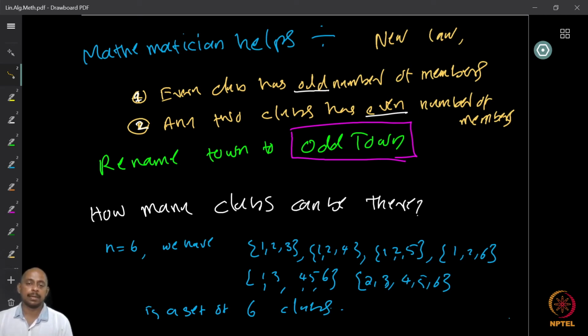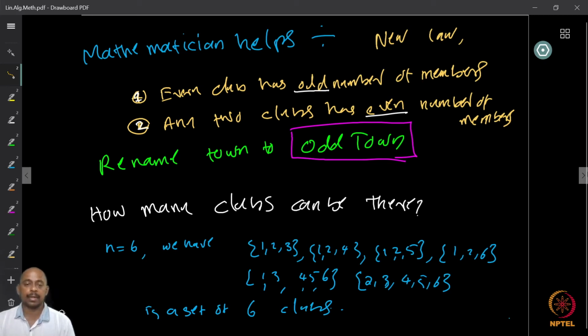This again is odd in number, and then any two will intersect in an even number, because one person will be missing from exactly both, and then the remaining will be even in common. So I can have several ways of making sets with cardinality equal to n, where n is even. And if n is odd, we can take the singletons, and therefore we still have at least n clubs possible.